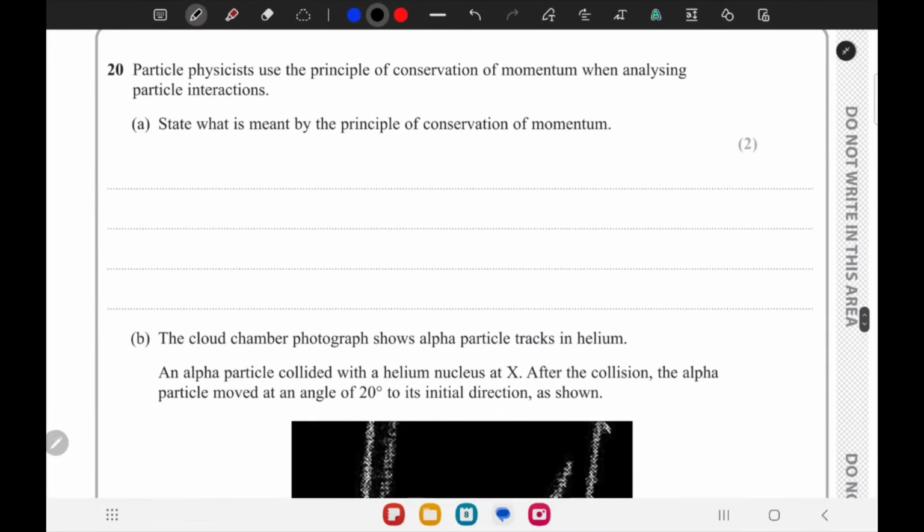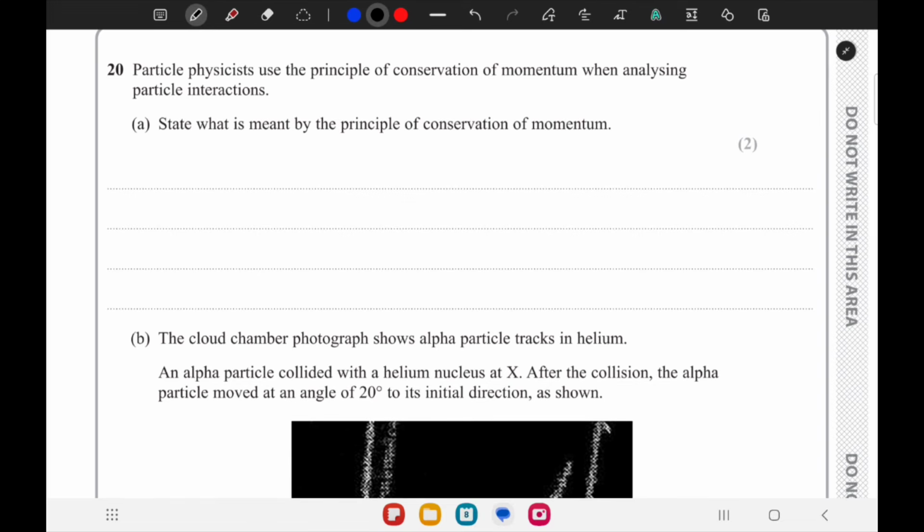Now moving on to question 20. In part A, we have to state what is meant by the principle of conservation of momentum. So this is 2 marks. The first point is the obvious one, that the total momentum remains constant, or the total momentum before collision is equal to the total momentum after collision.